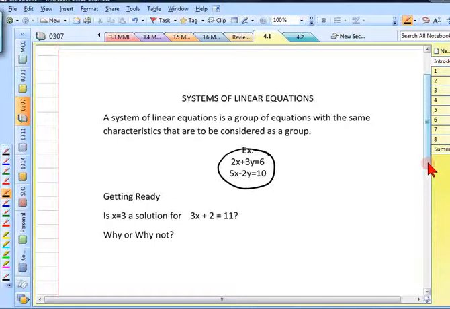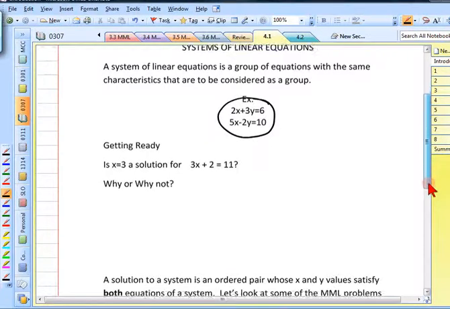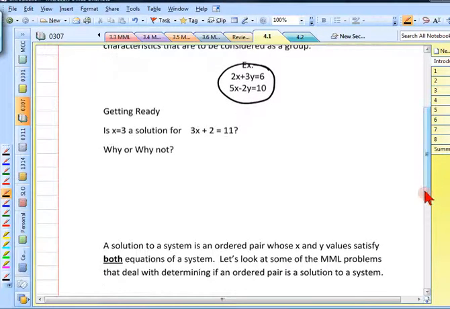All right, now a little bit of practice to get ready. This is just getting ready. Let me ask you a question, and by the way, if you took Math 301 pre-algebra, you had a question just like this. It says, is x equals 3 a solution for this easy equation? Okay, and most of y'all are nodding your heads yes.